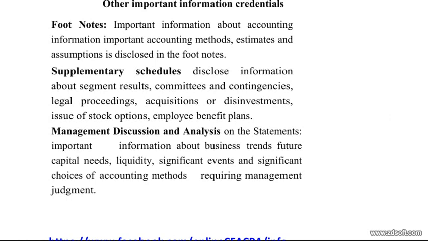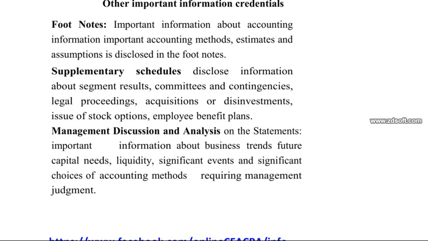Under footnotes, the important information about accounting methods, such as whether the company is following the diminishing balance method or straight line method for the plant, equipment, machinery. And what are the cost estimations for production of goods and services. If we go for lease, this is the regular lease payment.